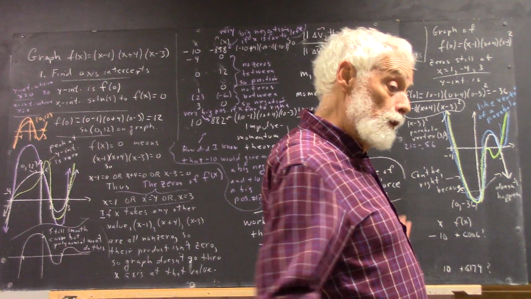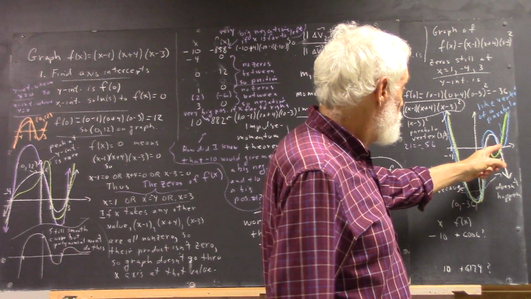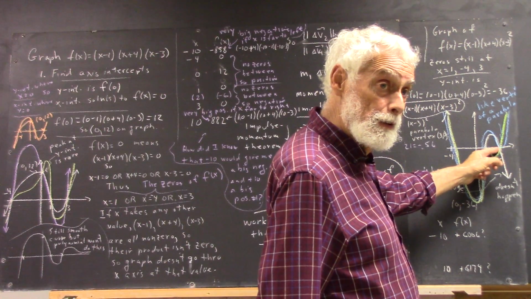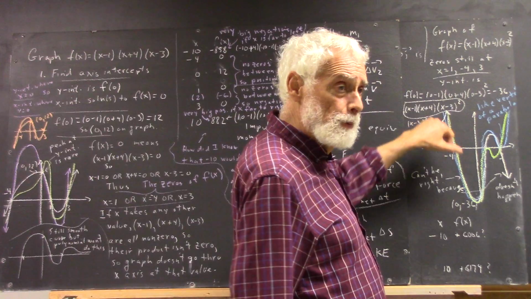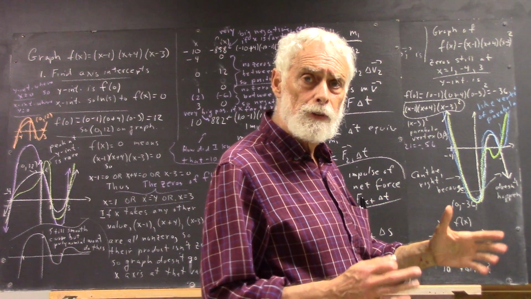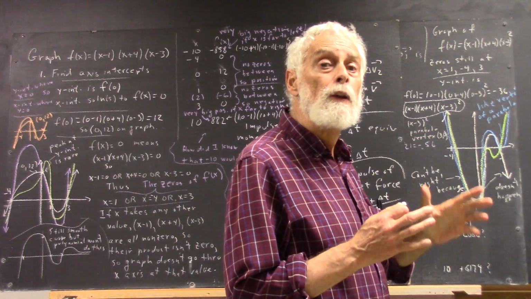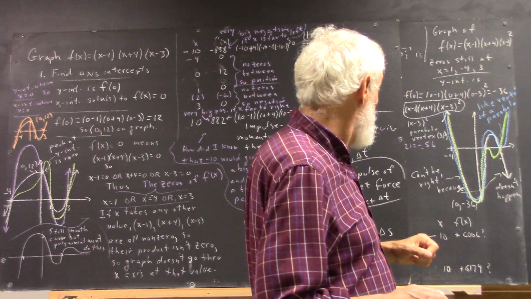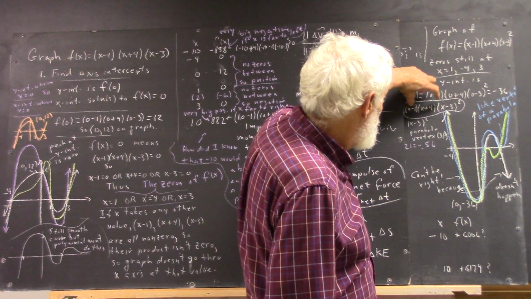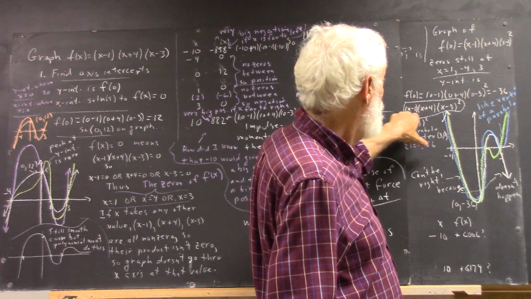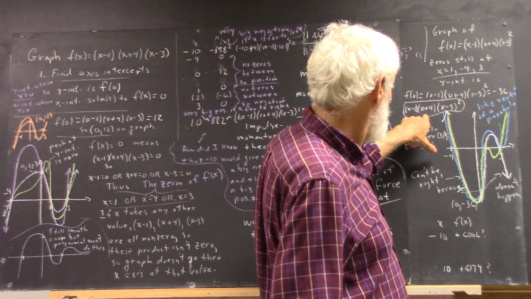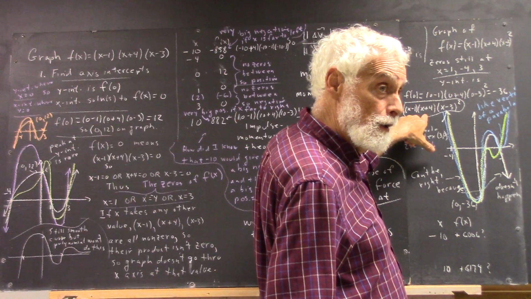Well, a stronger plausibility argument: if we go just a little ways to the right or left of x equals 3, well, x − 1 and x + 4 won't change all that much as long as x stays close to 3. So it's as if (x − 1) times (x + 4), if x equals 3, that's going to be 2 times 7, which is 14.